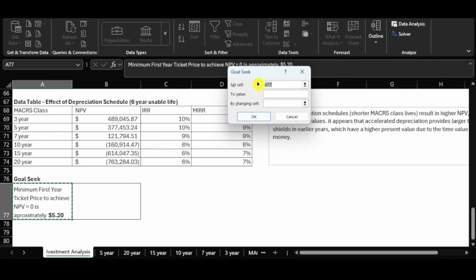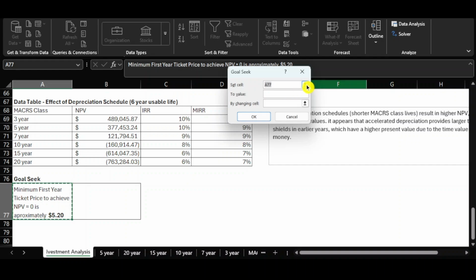See, there's no need to specify or output any number in any cell. You actually just set the cell yourself. So Set Cell is simply asking what you are trying to turn into a 0 or anything. In this case, NPV into 0.